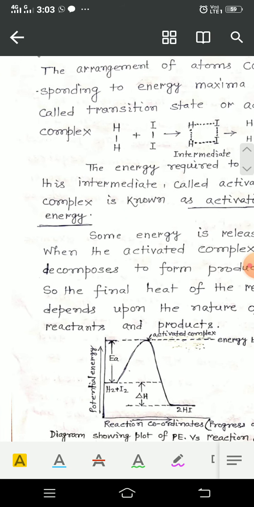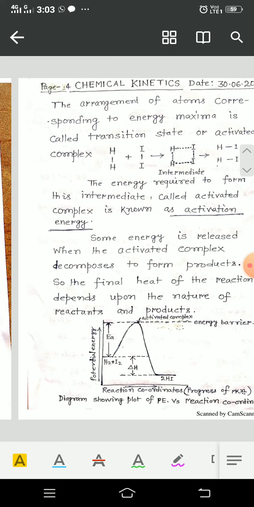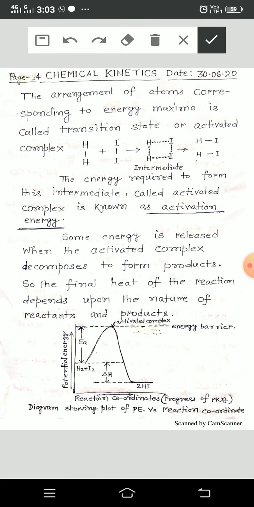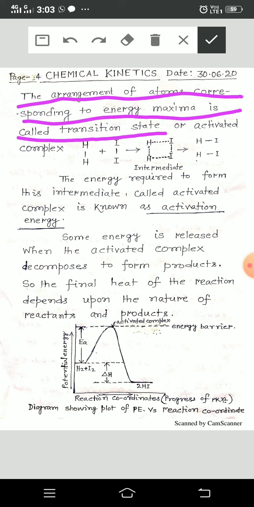Next, the arrangement of atoms corresponding to energy maxima is called transition state or activated complex.